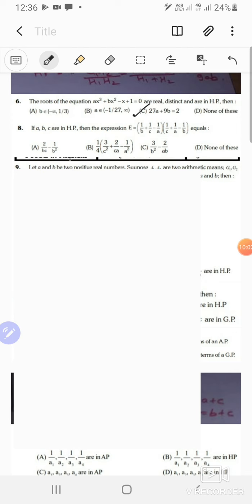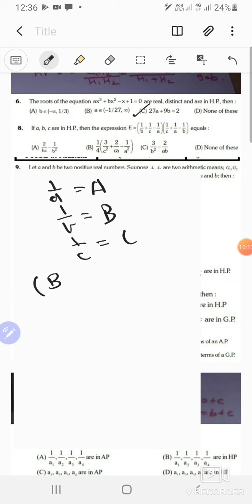Okay, so 1 by a, I'm going to call that capital A. 1 by b, that's going to be capital B, and 1 by c, that's going to be capital C. Fine. So over here what we are given is B plus C minus A. And I think we have done this kind of question before.